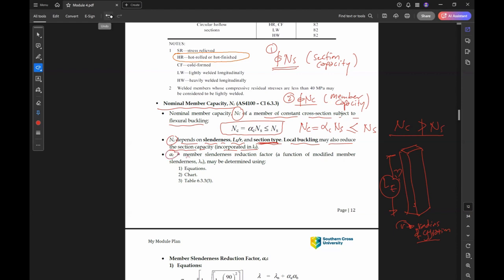Phi NC is the member slenderness reduction factor, a function of the modified member slenderness lambda n, and can be determined using one of the following. So we can use it by equation, or by chart, or by tables. So to find NC, we need to find alpha c.